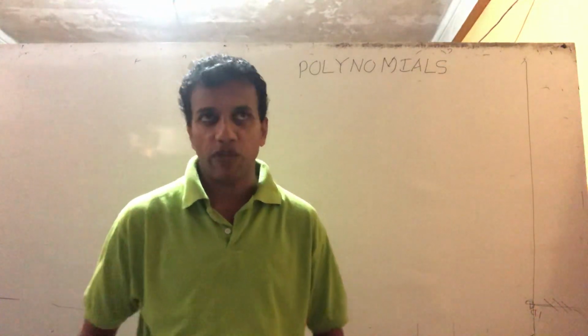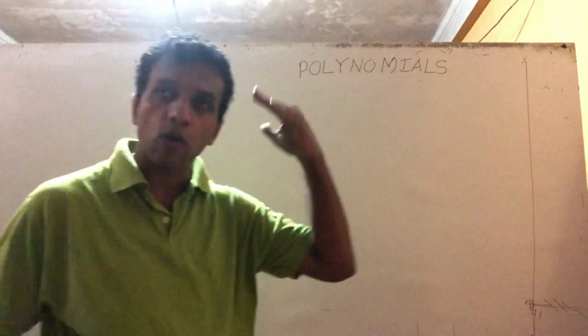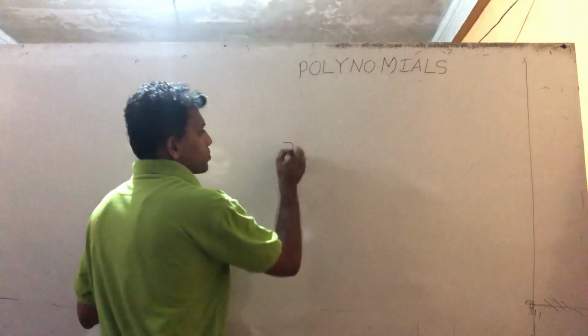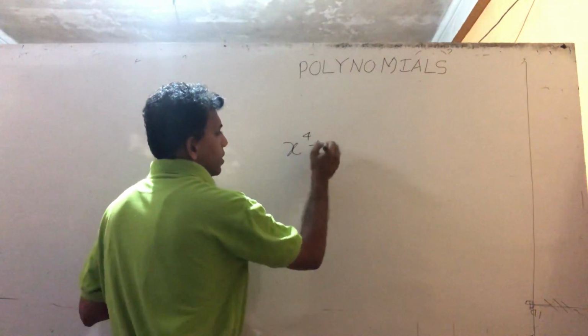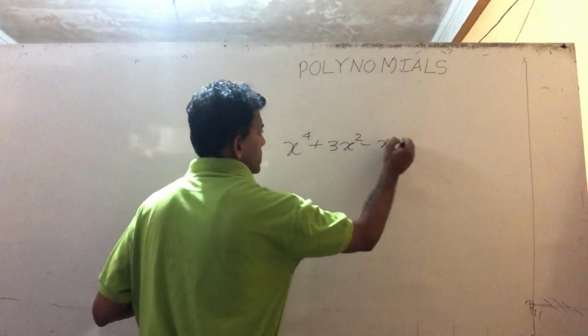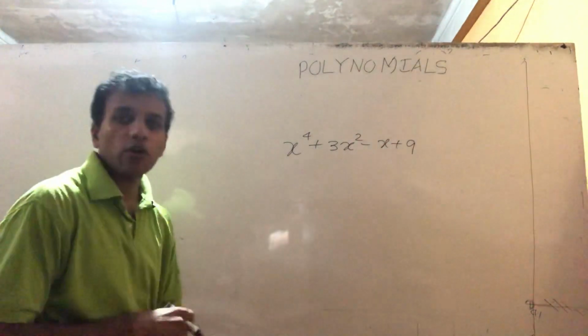But there's a condition. If I write some polynomial that you learned in O levels or some basic mathematics, x to the power 4 plus 3x square minus x plus 9, this is a polynomial.